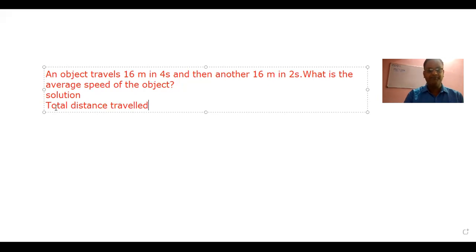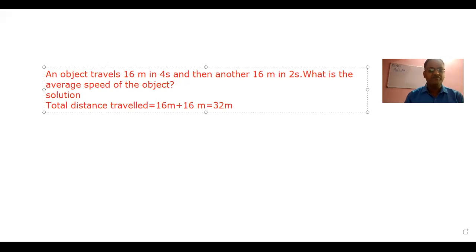Total distance traveled is equal to 16 meter plus 16 meter, which becomes 32 meter.